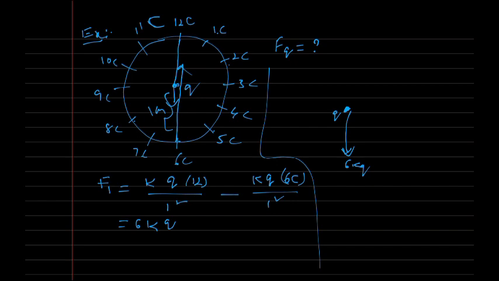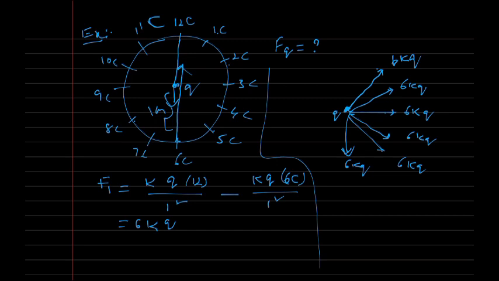Now similarly, due to 7 there will be a force, 6KQ again, and this is 6KQ again, and this is 6KQ again, and this is 6KQ. So this is at 1 coulomb charge, at 2, at 3, at 4, at 5, at 6 coulomb charge. So we have got similar amounts of force, right?